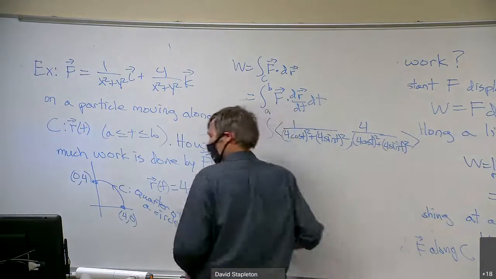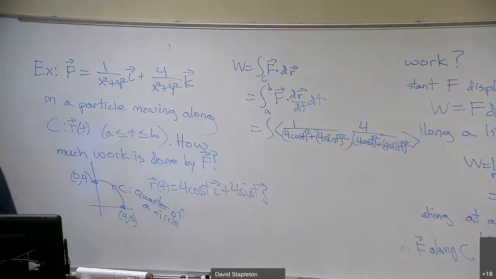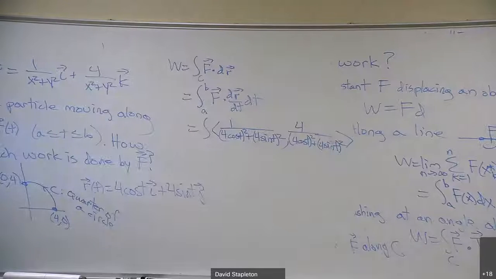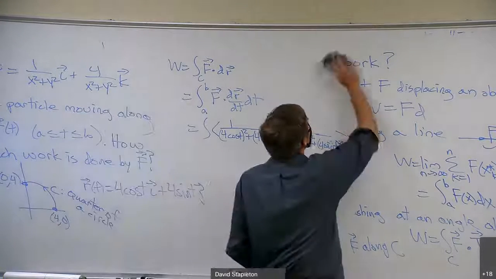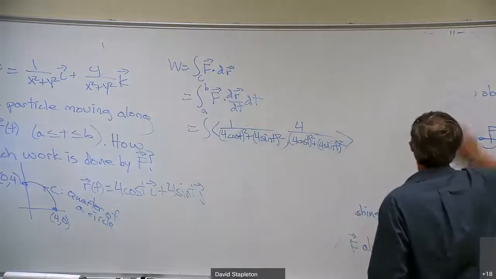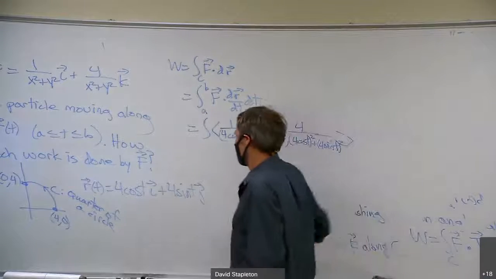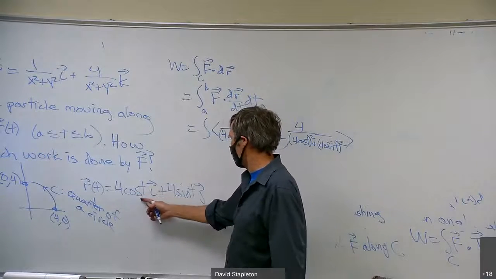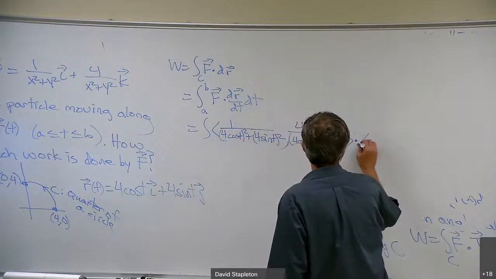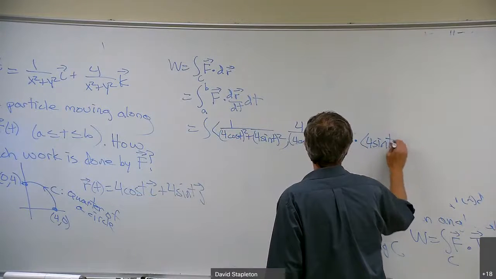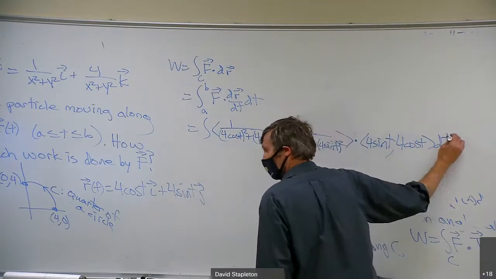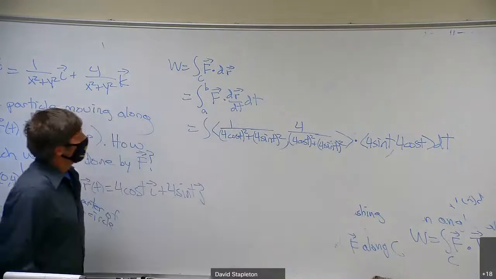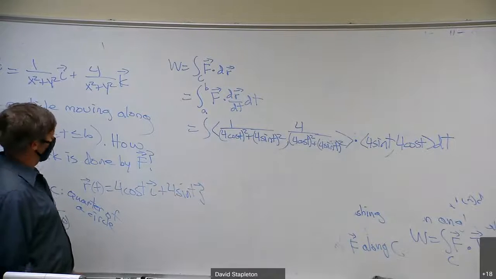There's F. And then it's got a dot dr/dt. What's dr/dt? Well, r is this vector here, so its derivative is minus 4 sine t i plus 4 cosine t j. That's all integrated with respect to t. So there's what I need to evaluate, and I go from the beginning to the end.